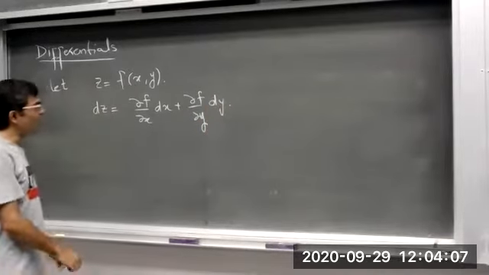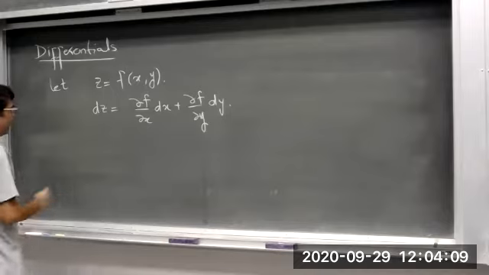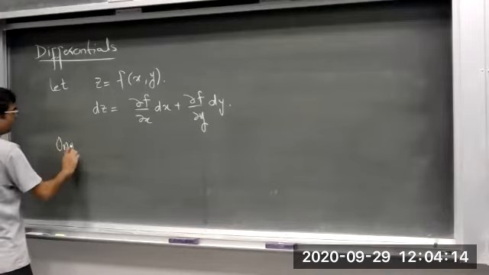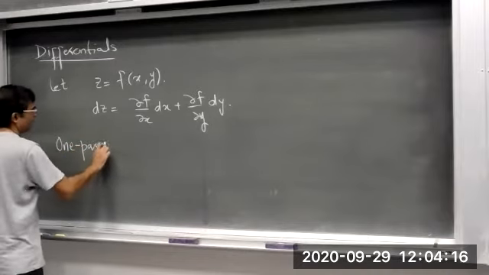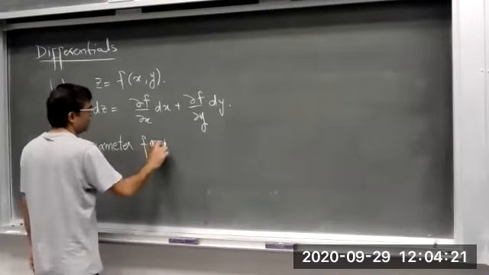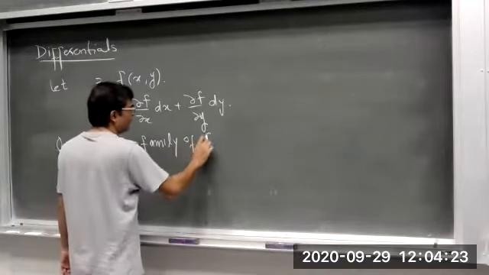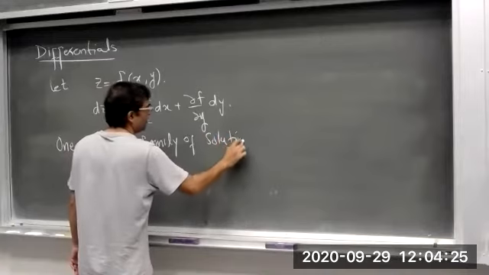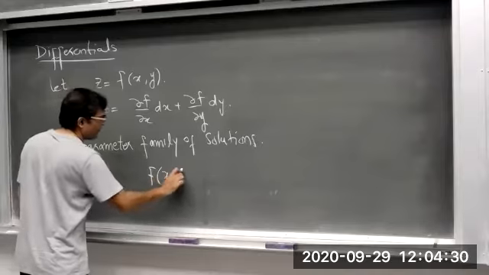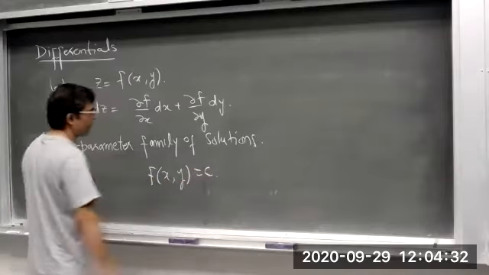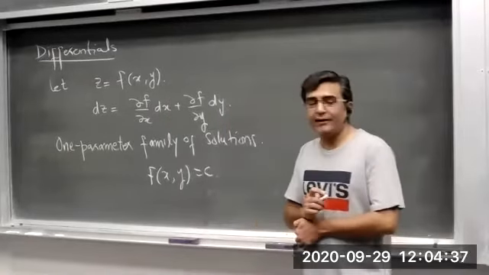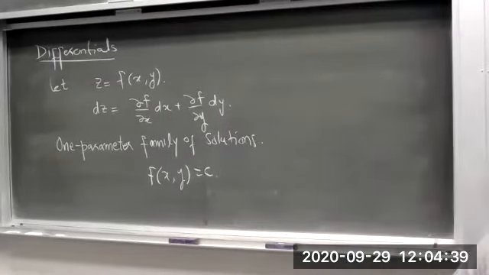Okay. And then we said that if we have a one parameter family of solutions, which is actually written in this form, f of x y is equal to c, then we had derived a first order differential equation.